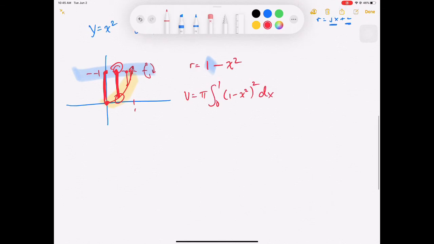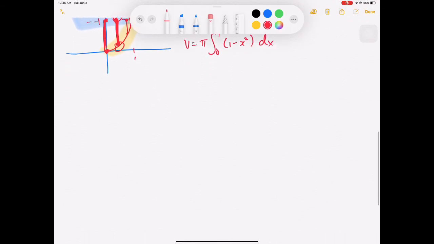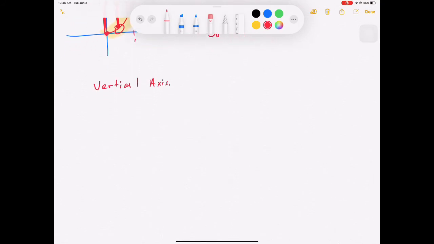But what if the function is asking me to rotate along the vertical axis? So let's try the vertical axis. If I write the function x equals y squared, and we'll do this from 0 to 1, so y is between 0 and 1, this gives us a graph that looks like this, from 0 to 1.